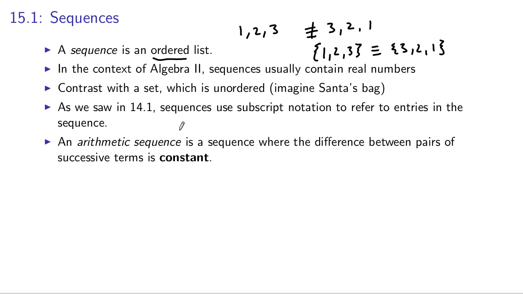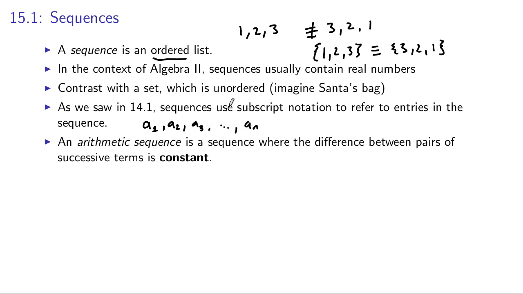As we saw in the previous section, sequences use subscript notation to refer to entries in the sequence. So for an arithmetic sequence we're about to talk about, we might have a sub 1, comma, a sub 2, comma, a sub 3, comma, up to a sub n.